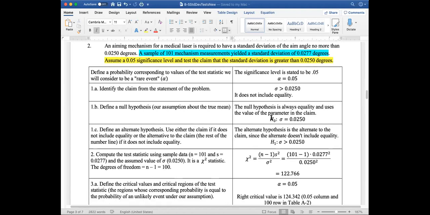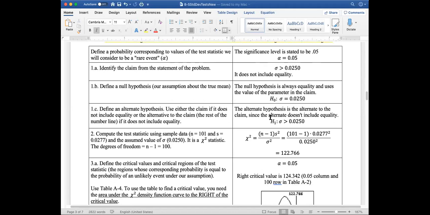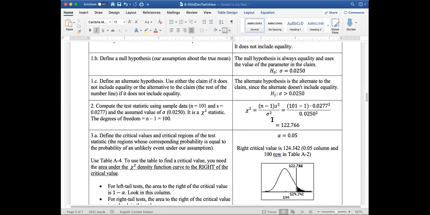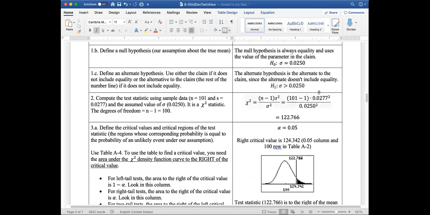And again, remember our chi-squared has a degrees of freedom, so that is going to be, in this case, 100. Substitute the numbers in, we get a test statistic value of 122.766. We want to know if this is unlikely or not unlikely.